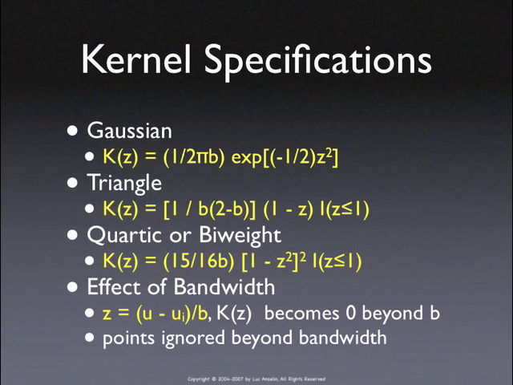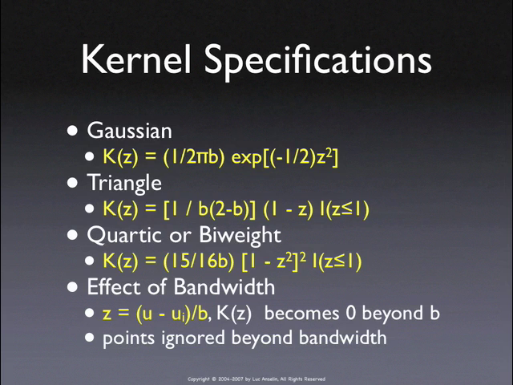One trick which we use in these mathematical functions is that we use z, which is the difference between our reference point u and our data point ui divided by the bandwidth. Now, say our bandwidth is 10 meters, just to keep it simple. And if we see a point 1 meter from our reference point, then the z becomes 0.1. And 0.1 goes into this function.